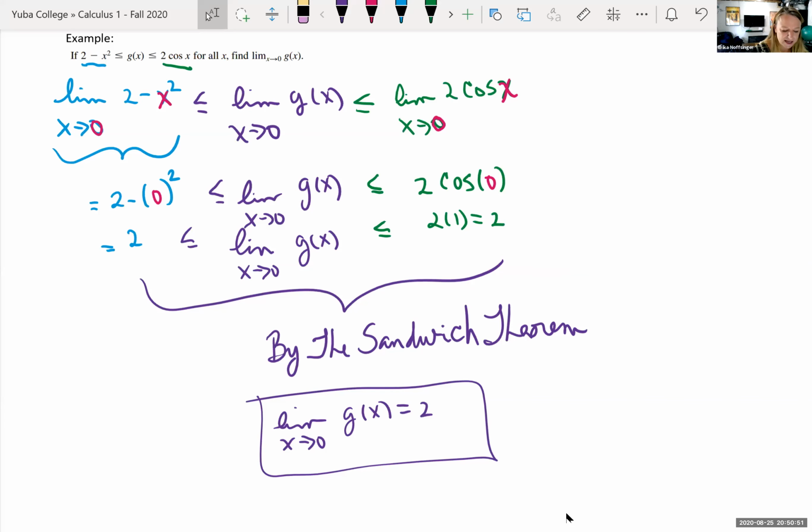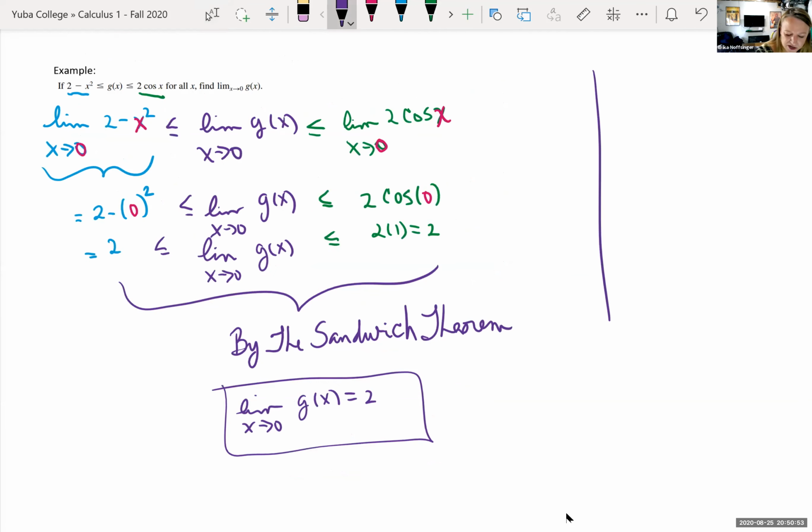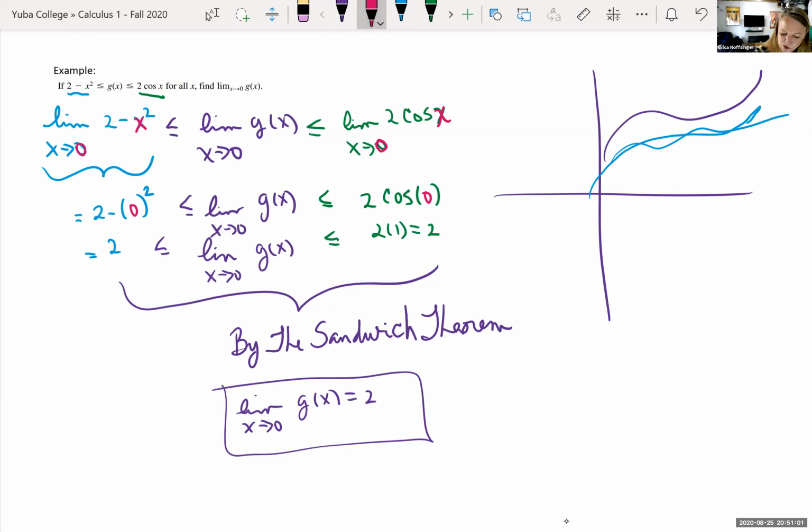If it's not the same value, I can say the limit as x approaches c of the middle function would have to be bounded between those, but I don't know that it's going to any one of those values.